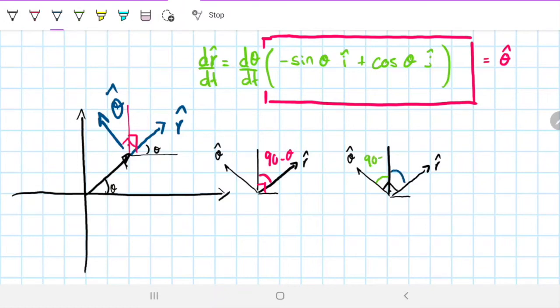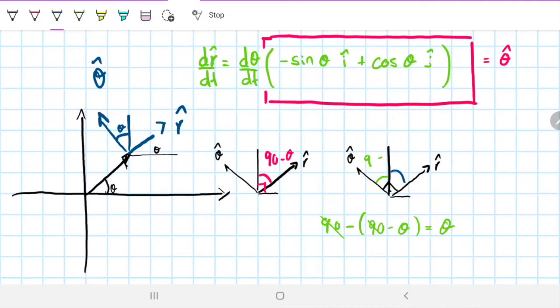And we know that that angle is 90 minus theta. So that means that this green one here has to be 90 minus theta. So 90 minus 90, and negative theta with negative theta, that is positive theta. Okay, so to simplify, this angle here also has to be theta, right?